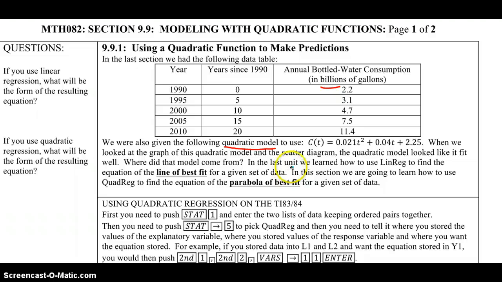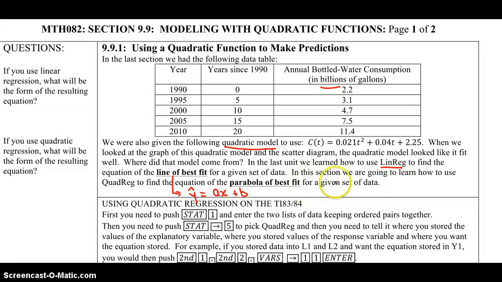In the last unit, we learned how to use linear regression to find the equation of a line of best fit, so we got y hat equal to ax plus b, a linear equation.